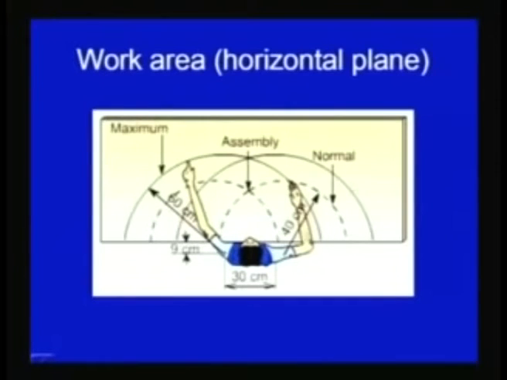The normal working area is in a radius of 40 centimeters and the maximum working area in a radius of 60 centimeters, and 30 centimeters is considered the average width between the two hands.